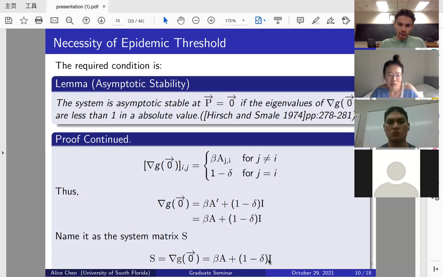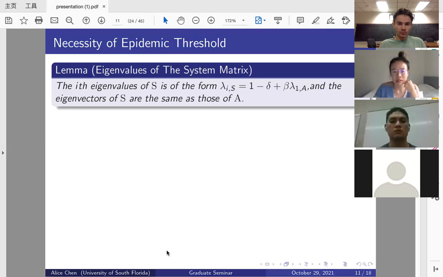Next, remember, we have to find the eigenvalues of the system matrix S and make them less than 1. Here we have another lemma, which I'm gonna prove later on. The lemma is that the i-th eigenvalue of S is in this form, and the eigenvectors of S are the same as those of the matrix A.